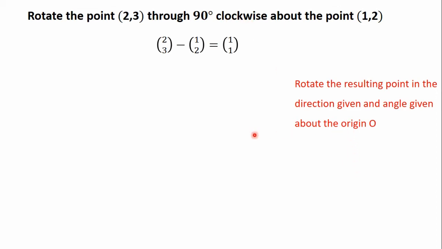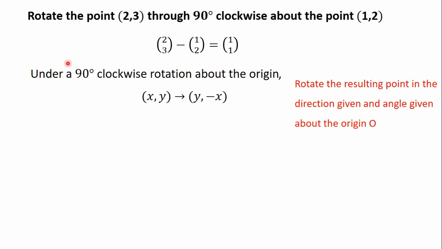We have learned how to do that. We know that under a 90 degrees clockwise rotation about the origin, the transformation is (x, y) gives us (y, -x). So we use this transformation to rotate the point 1, 1. Using this transformation, when we rotate the point 1, 1, we are going to have the image (1, -1). This is the second step.